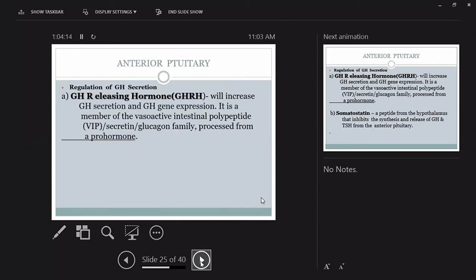Growth hormone releasing hormone will increase growth hormone secretion and growth hormone gene expression. It is a member of the vasoactive intestinal polypeptide, secretin, glucagon family, also from a prohormone.